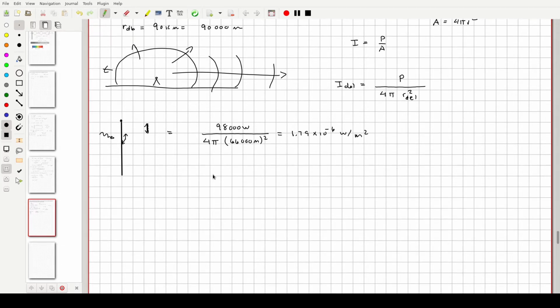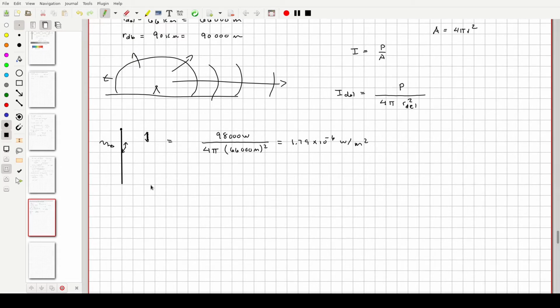Now, we can do the same thing for Daytona Beach. The intensity in Daytona Beach is just going to be the power over 4 pi times the distance to Daytona Beach squared, or 98,000 watts divided by 4 pi times 90,000 meters squared.